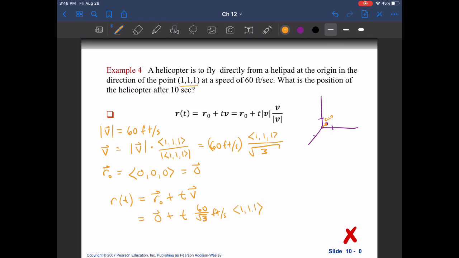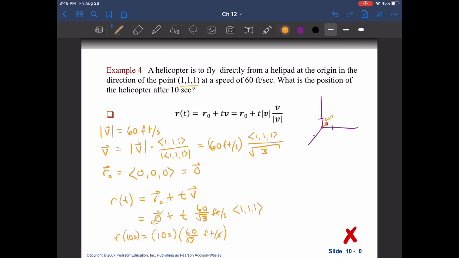direction like that, okay? And so if we do this, we can go ahead and say, all right, well, that's going to be gone, and we can plug in our 10 seconds. So we'll end up with r of 10 seconds times 60 over square root of 3 feet per second.